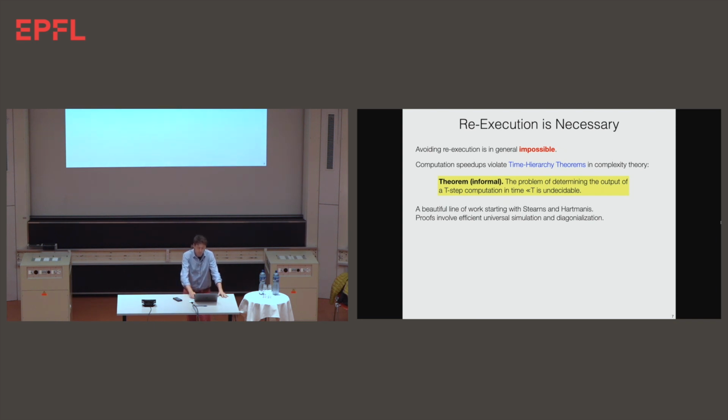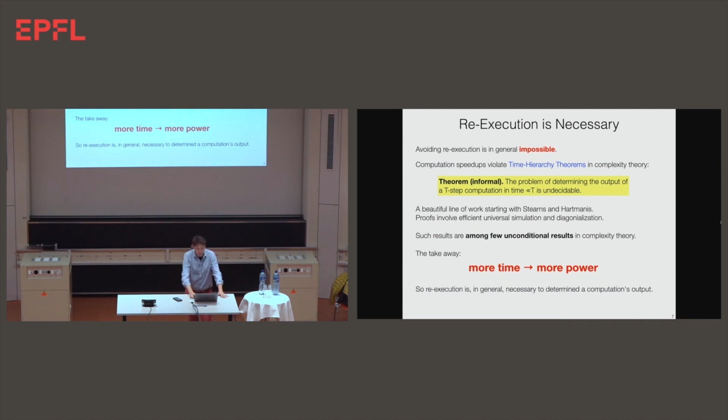Okay? And this is even an unconditional result. It is one of the very few precious things that we know are literally true in complexity theory. They are not just believed to be true. Okay? So the takeaway is that more time really does give you more power in terms of computation. And in general, we're kind of stuck with re-execution as stated.